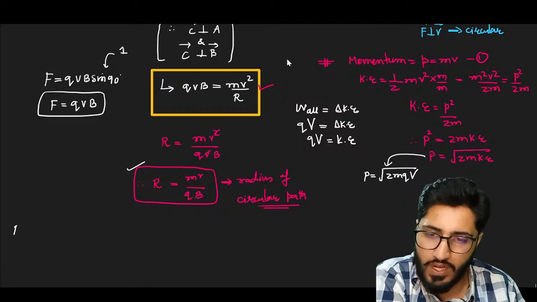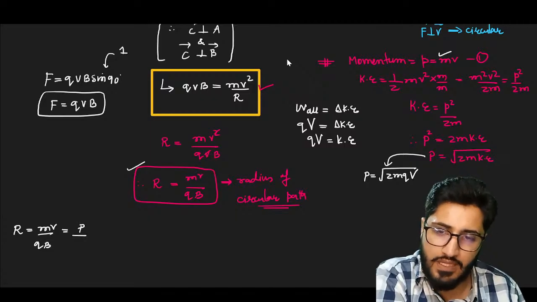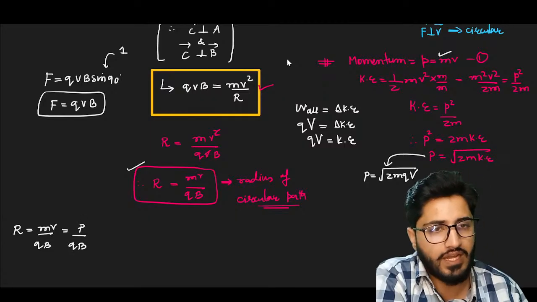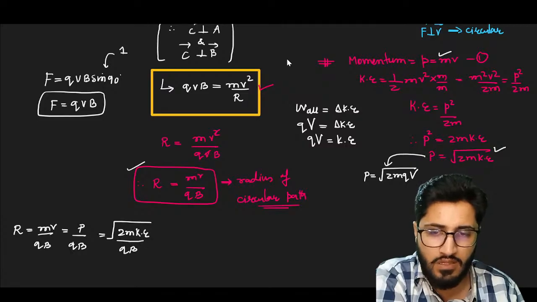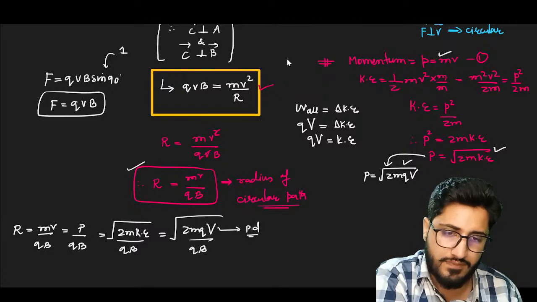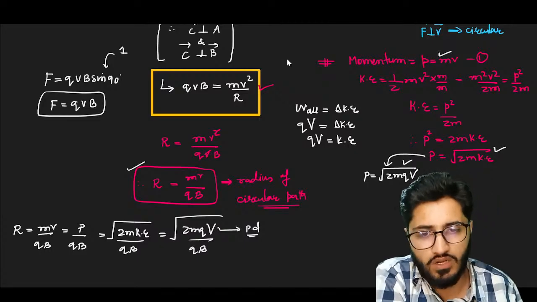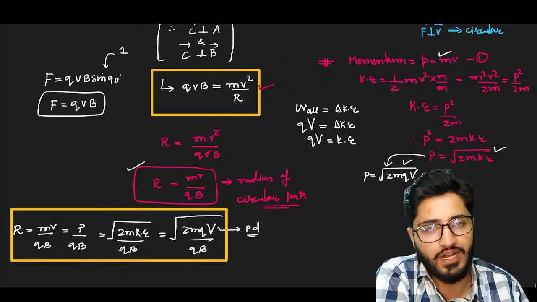So radius is equal to mv by qb, or by this formula, it is p by qb. We can write P as under root of 2mKE divided by qb. As per this formula, I can write under root of 2mqV divided by qb. This V is potential difference. So these are your total formulas to calculate R, the radius of your path.